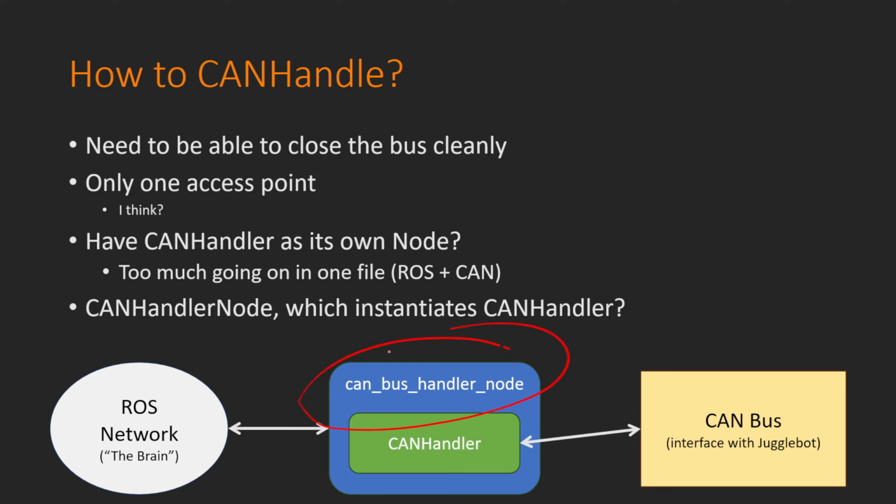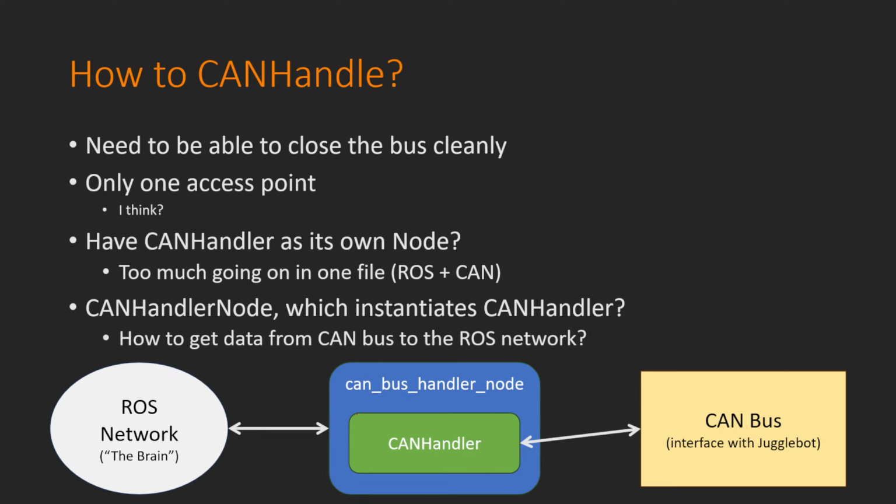And this node is instantiating the CanHandler class, which is the thing that actually interacts with the CAN bus. And in this way, the ROS network communicates with this node just as it would with any other node, and then that node communicates with the CAN bus, which is pretty cool.